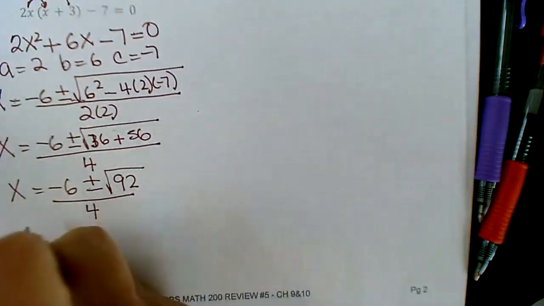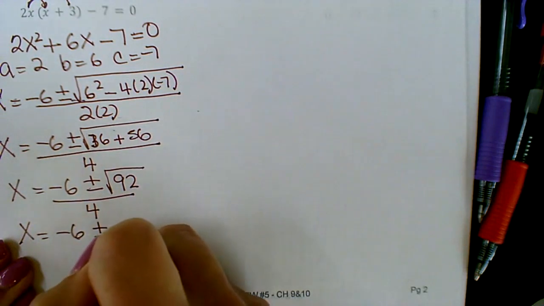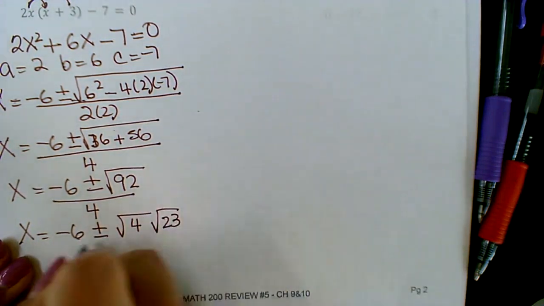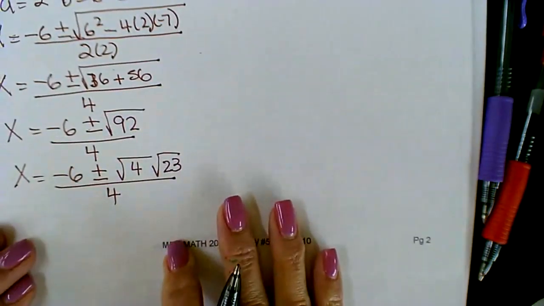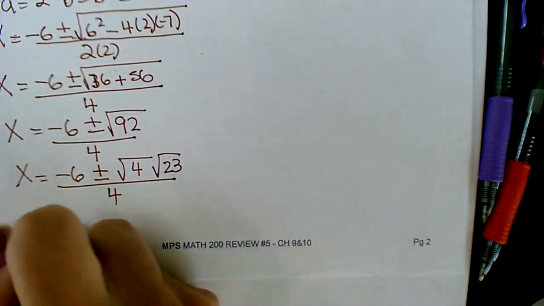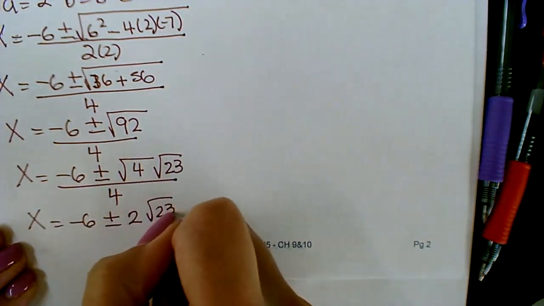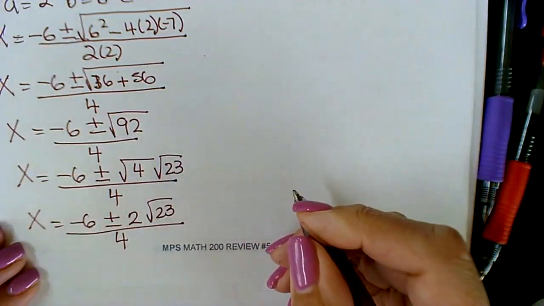So the square root of 92, we could write as the square root of 4 times 23. So this is going to be negative 6 plus or minus 2 square root of 23 divided by 4.